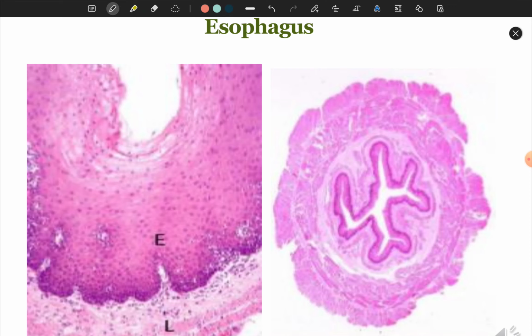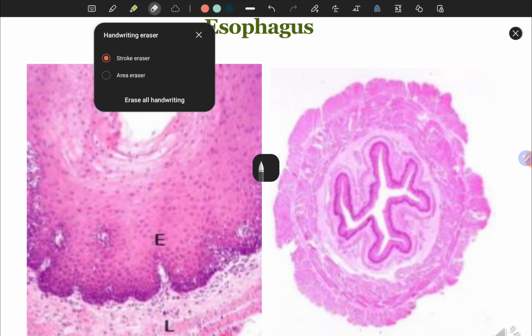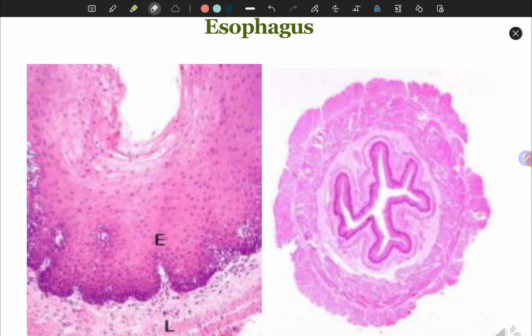Okay, this is the lumen of the esophagus, and this is the full thickness of the epithelium, because it is the stratified type of epithelium. And you can see here no keratin in the cells. It is the moist type, and you can even see the nuclei of the live cells at the superficial layer.